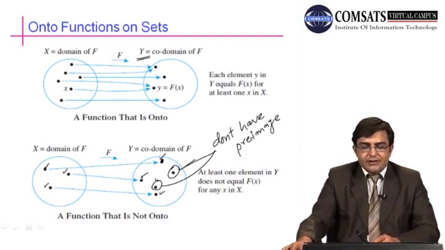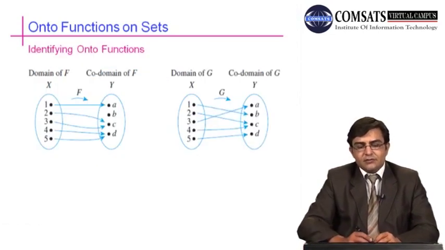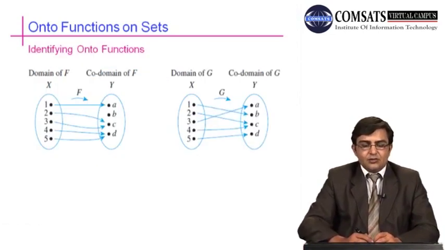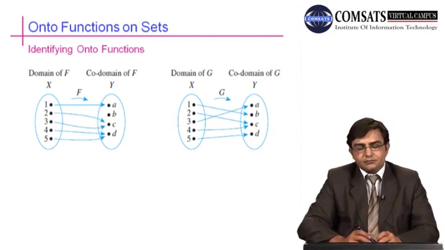So we see it with the help of an example, in which, of these two arrow diagrams, we have to identify which one is an onto function and which one is not.